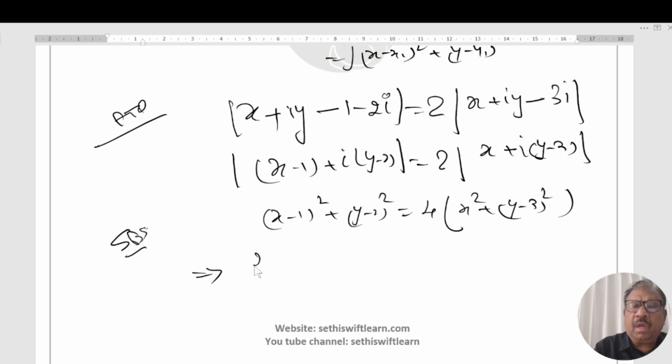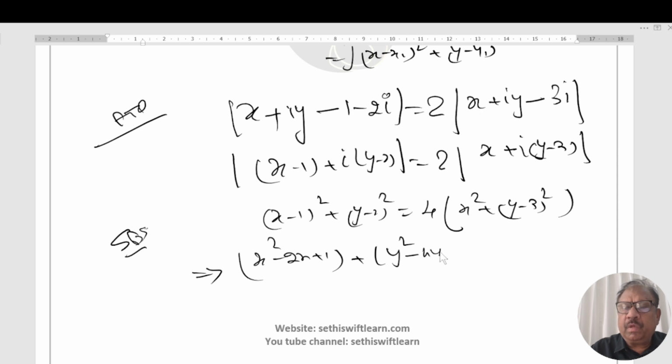Simplifying: x square minus 2x plus 1 plus y square minus 4y plus 4 equals 4x square plus 4y square minus 24y plus 36.